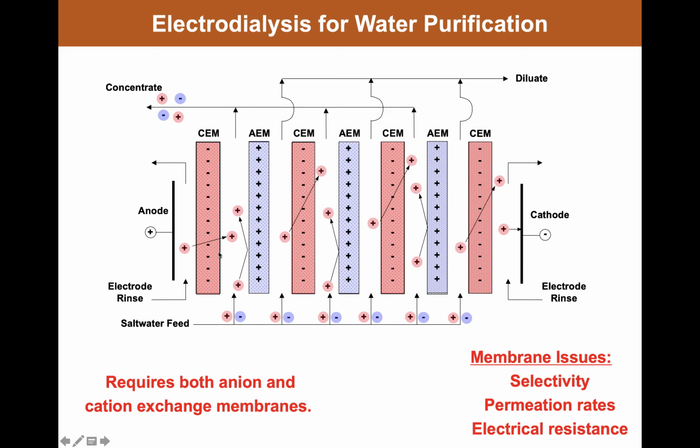And so the cations are trying to move from left to right towards a negatively charged cathode, and those cations can go easily through the oppositely charged cation exchange membrane. In fact, that's why it's called a cation exchange membrane, because it can readily move cations from one side of the membrane to the other. These negative fixed charges like cations, and so will attract cations into the membrane.